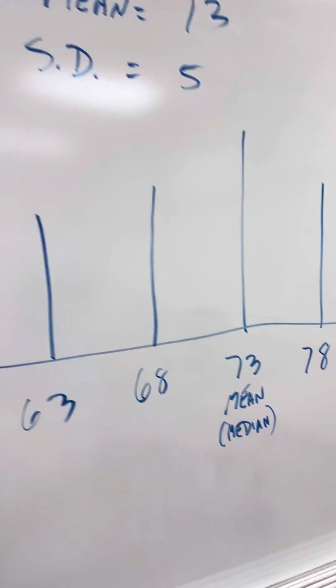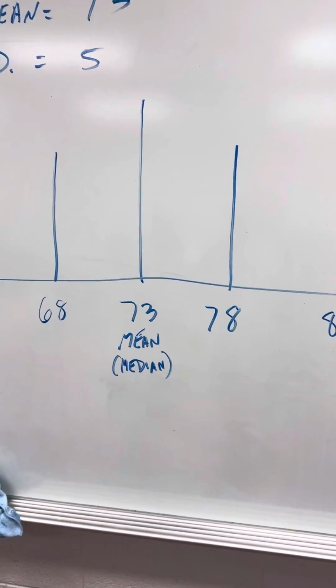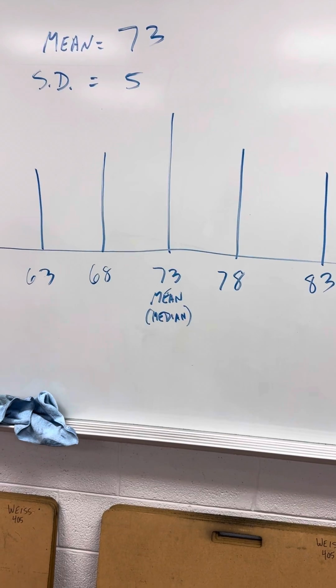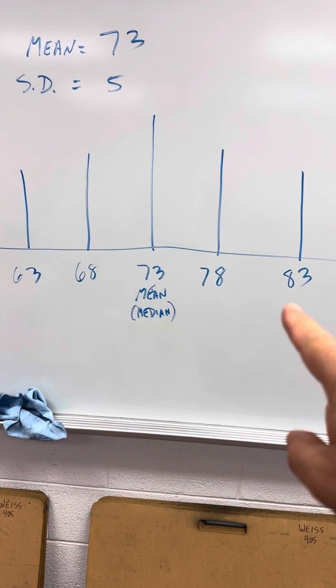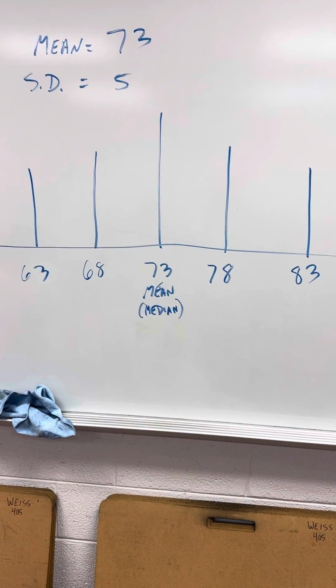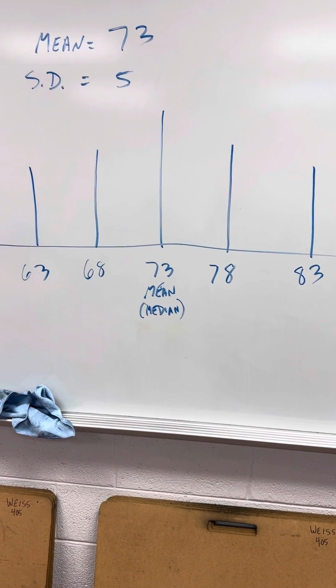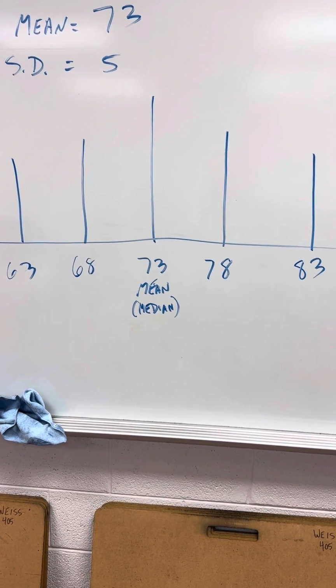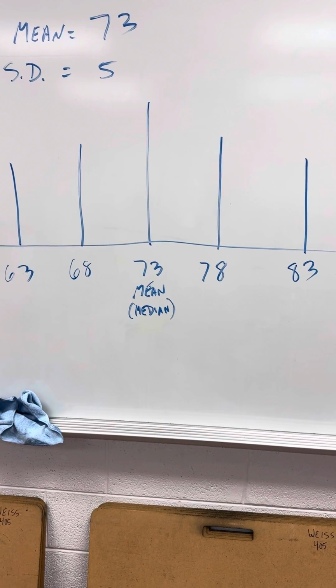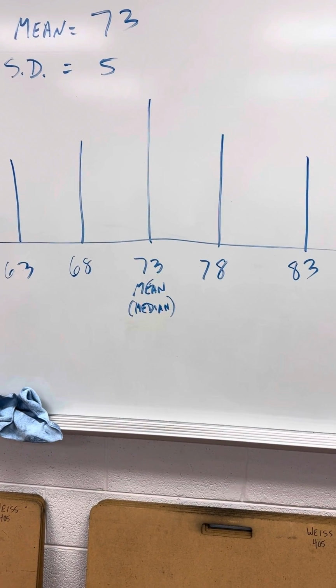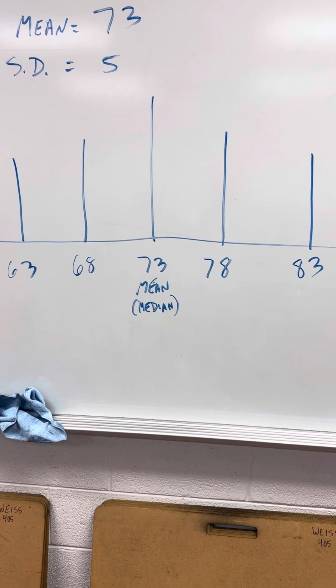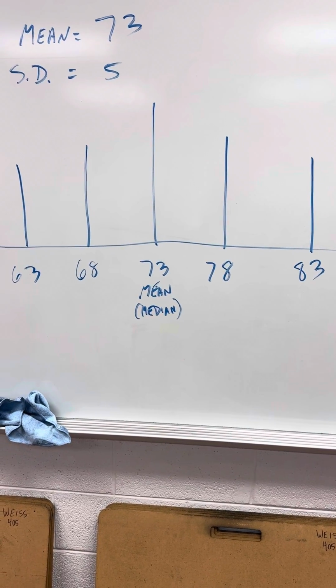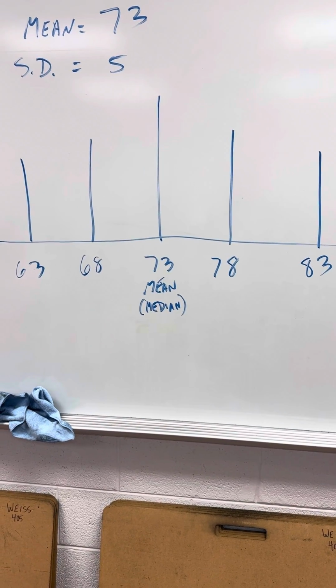What would be 2 standard deviations? 2 standard deviations would be between 63 and 83. That would be 95%. If I said what data points are 95% of the data, you'd say between 63 and 83. If I said what percent of the data is from 63 to 83, you'd say 95%.